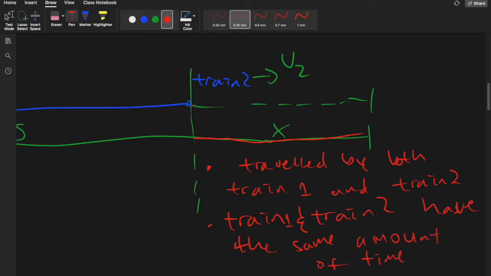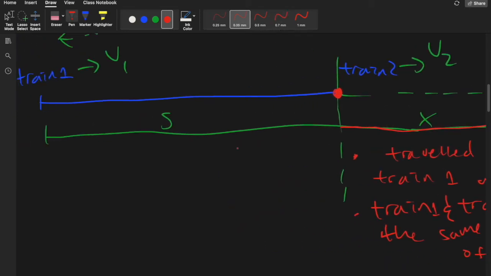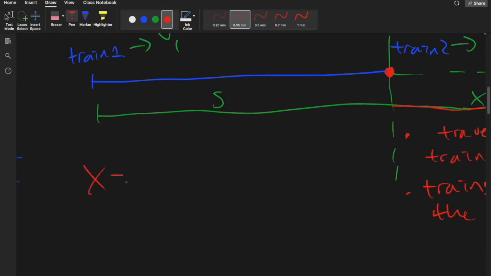Since train 2 starts moving here and ends here, this part x will be the total distance traveled by train 2. How can we express this? Well, this is very simple: average velocity times time is equal to displacement. So now you know the equation for x.